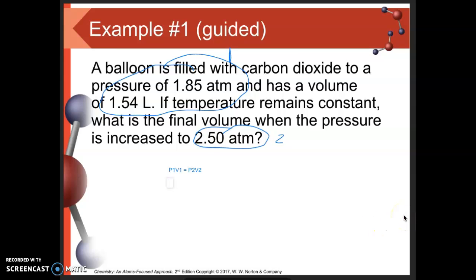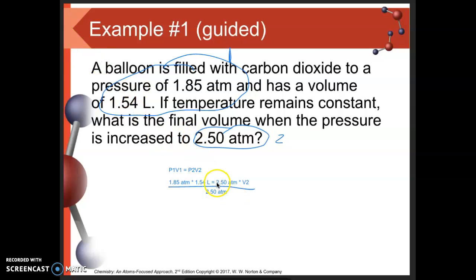And we can see that my pressure initially was 1.85 atmospheres multiplied by my 1.54 liters of volume. And my second pressure is 2.50 atmospheres times V2, which we're trying to find. So to get this set up properly, I'm going to have to divide both sides by 2.50 atmospheres.